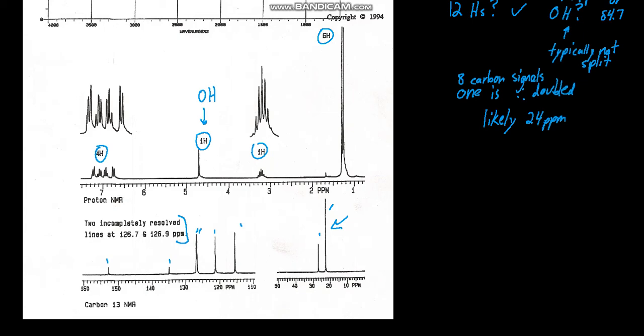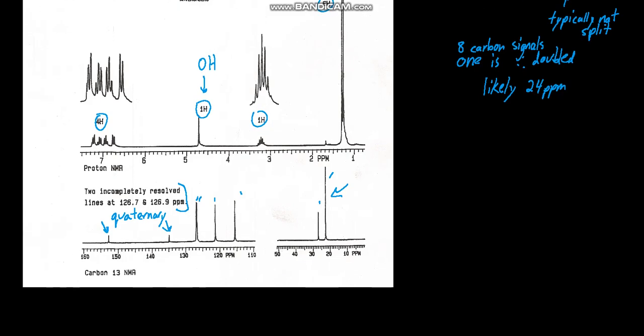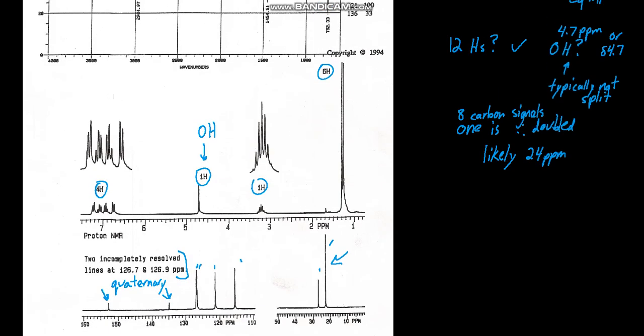Now we've accounted basically for all our carbon peaks. We can make a little note though that we have 2 that look like quaternary, in other words no hydrogens attached, so double bonded most likely. Now, anything obvious, quote unquote, in the proton NMR?